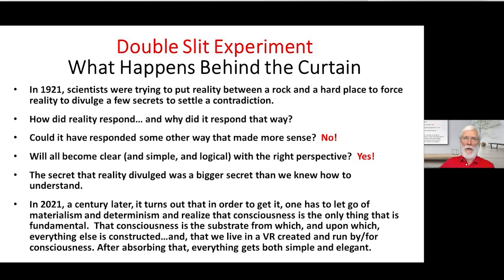If you didn't have the which-way data, which means which slit did it go through, you got an interference pattern. If you did have which-way data, you got a particle pattern. So that's what happened. And that's the beginning of quantum physics.